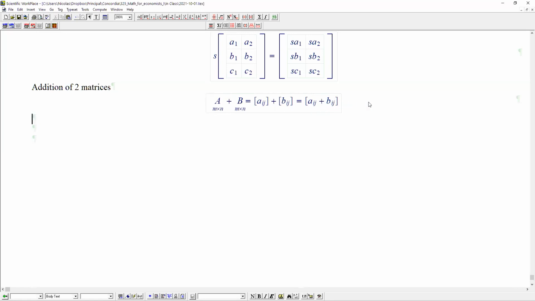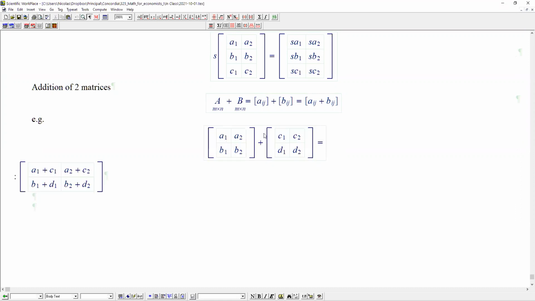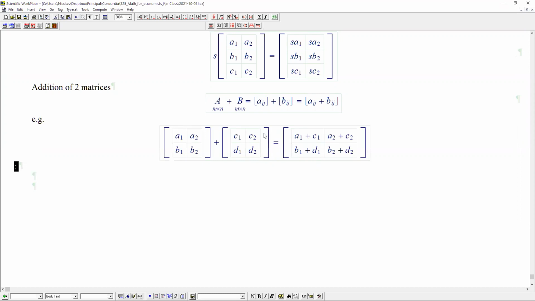So for instance, let's take this matrix, plus some other matrix, C1, C2, D1, D2, equals this: A1 plus C1, A2 plus C2, B1 plus D1, and B2 plus D2.